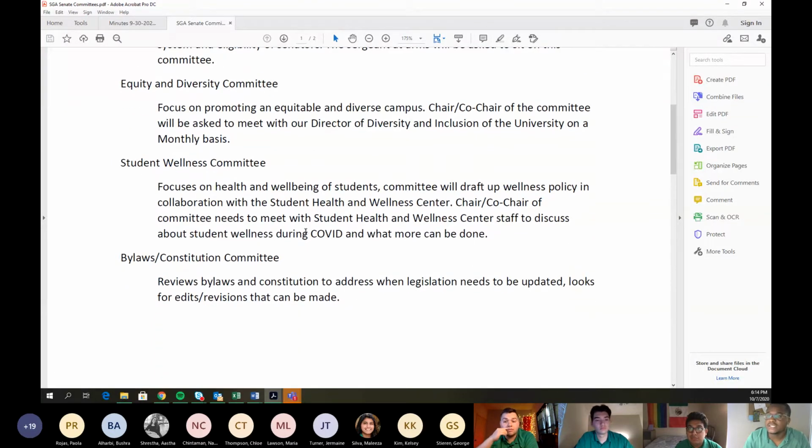Student wellness, so focusing on the health and well-being of students. This one is probably going to be a little tricky, just thinking about exactly what kind of legislation we can pass that focuses on student wellness. I think mental health is the biggest thing we can use. What kind of resolution can we pass that we could implement campus-wide?